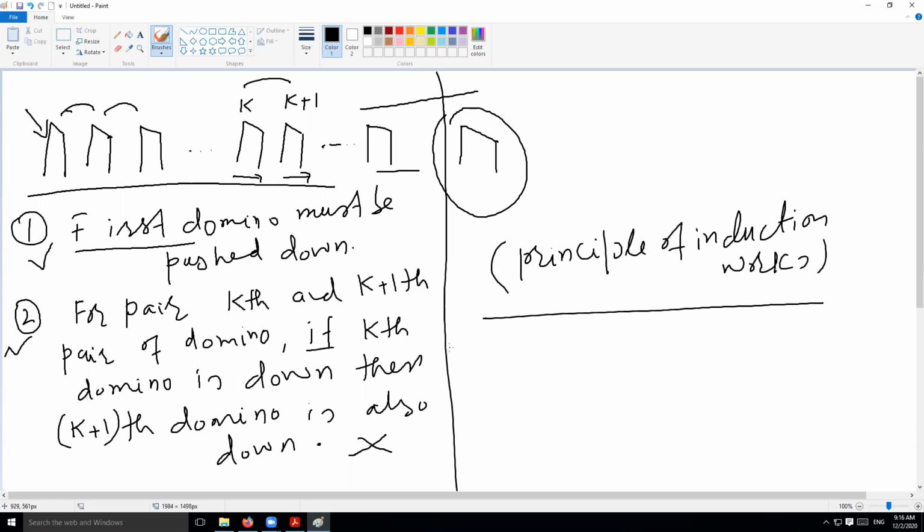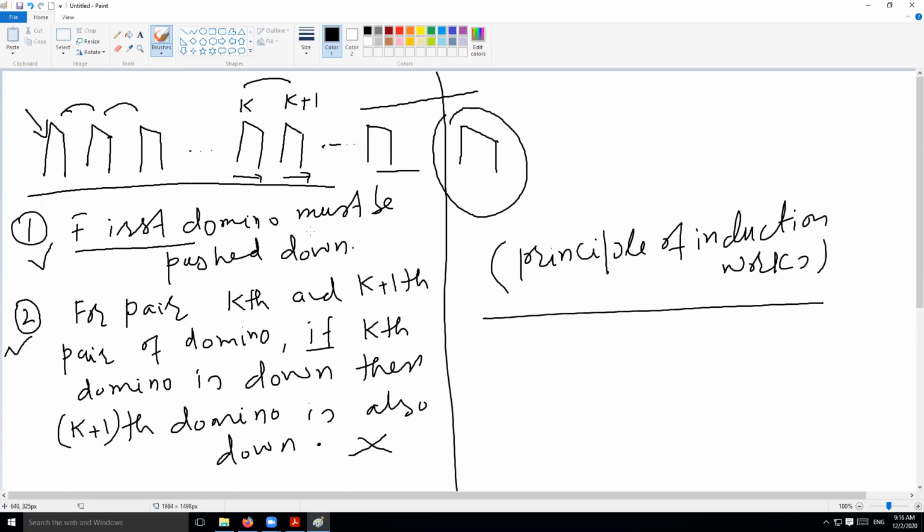If there is any question in this description of dominoes, then I can move to the principle of induction. No, sir. Okay, so if there is no question, then let's move on.